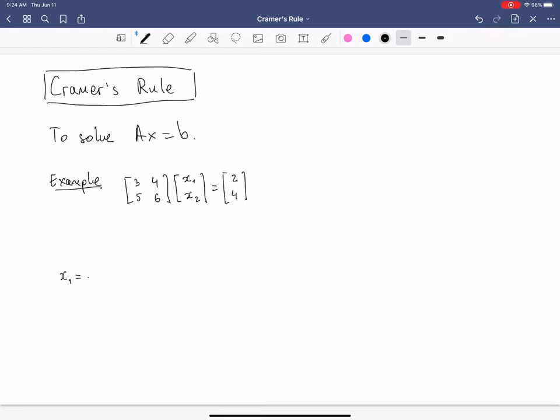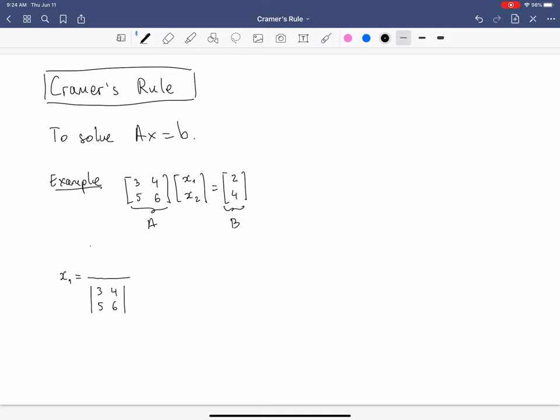x1 equals a ratio of 2 determinants. Remember, this is the matrix A, and this is the vector b. So in the denominator, I have the determinant of the matrix A. Notice the vertical line, so that means I'm talking about a determinant.